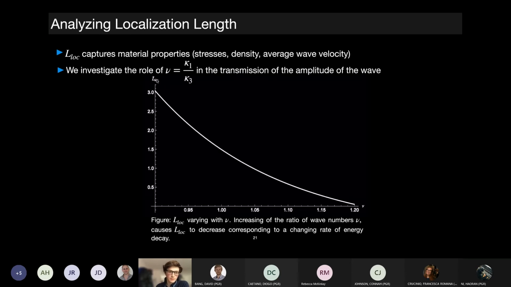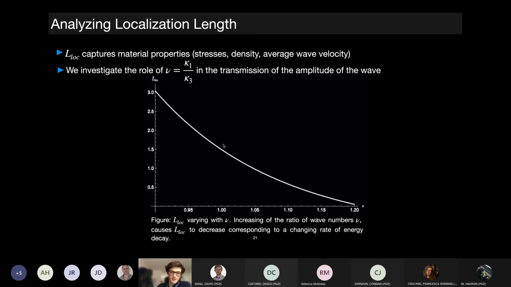So this L log contains a bunch of things, but one of the most interesting ways to analyze it is to investigate how it changes with this new parameter, the steering of the wave, and it has this nice decay as you increase nu. So this corresponds to a greater angle of incidence of the wave.